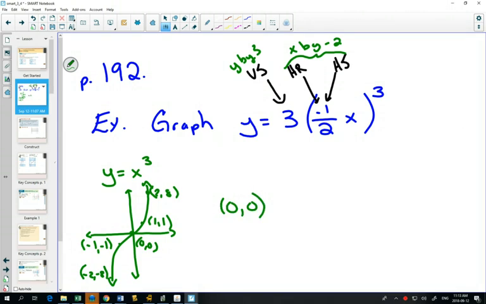Of all the points, that's the most important because that's sort of in the middle where things change. The other points, sometimes depending on what you're going to do, you may choose one or the other. In this example, it really doesn't matter, so I'm going to go with 1, 1, and negative 1, negative 1.